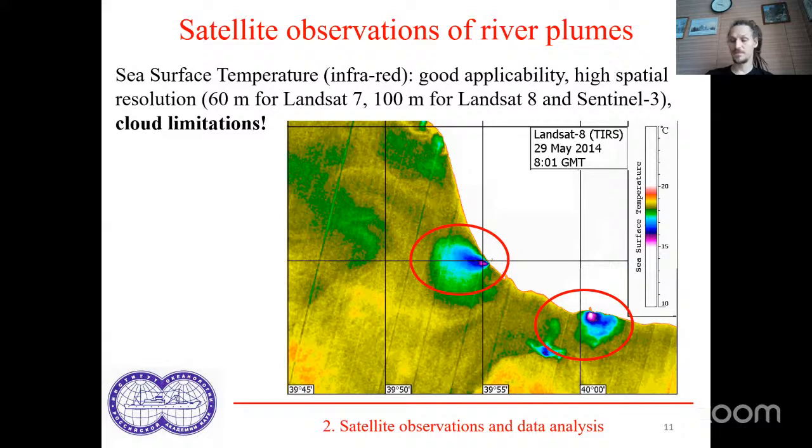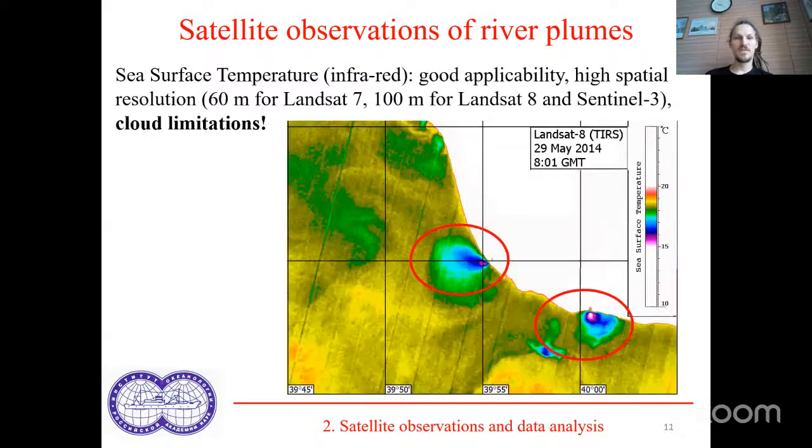But sometimes rivers are warmer than the sea, and you can see warm plumes in satellite temperature images. But sometimes rivers have the same temperature, and you can see nothing. You cannot see river plumes in the sea.